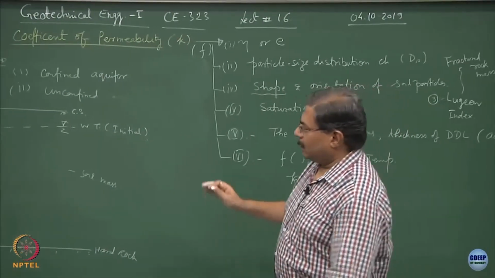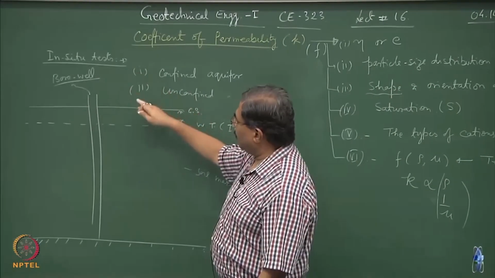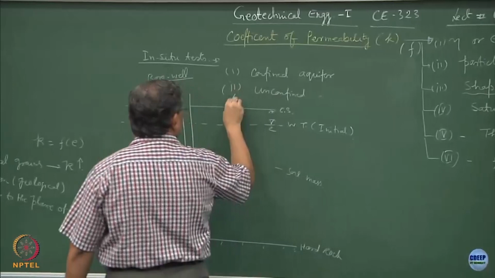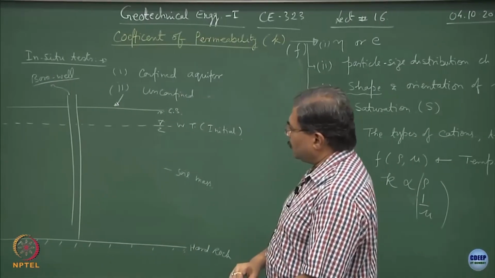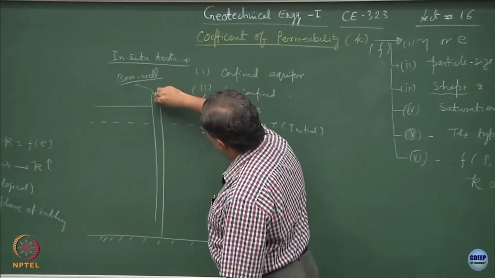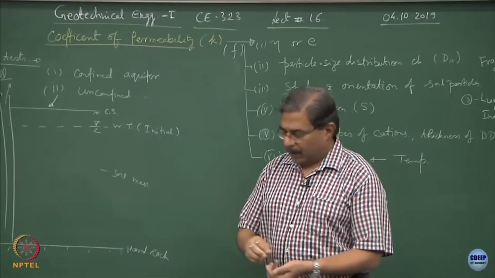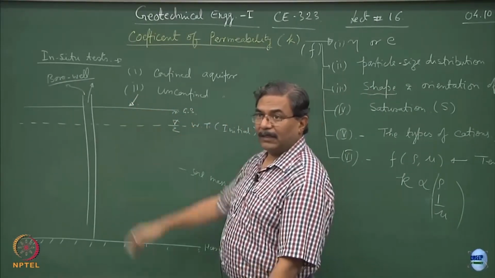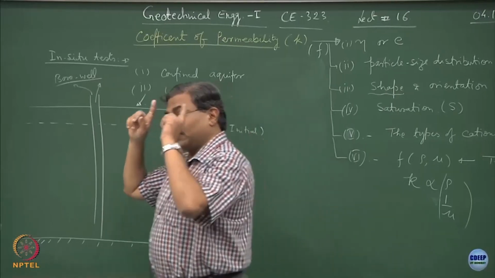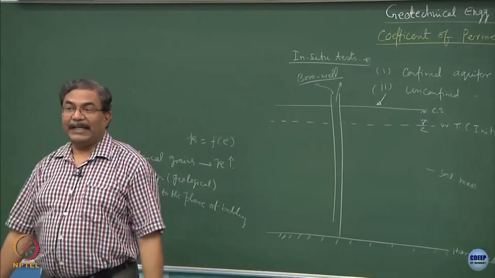So, you have to monitor closely the difference between 2 and 1. When I draw the figure for 1, I am just discussing now the unconfined aquifer case. Now, suppose I start pumping out water, what is going to happen? This water table is going to lower down. We had talked about effective stress analysis when the groundwater table decreases.